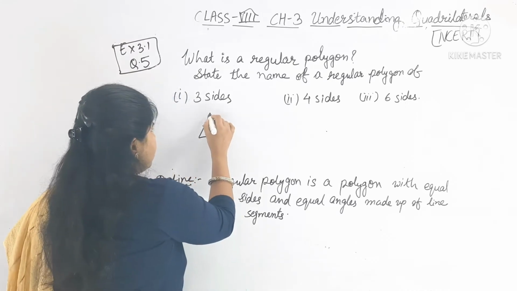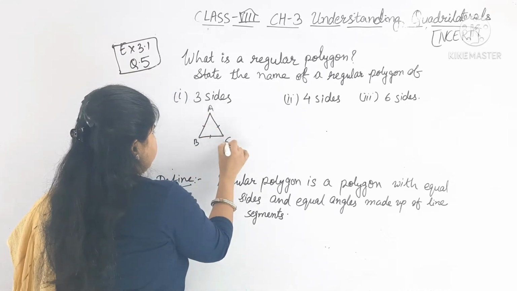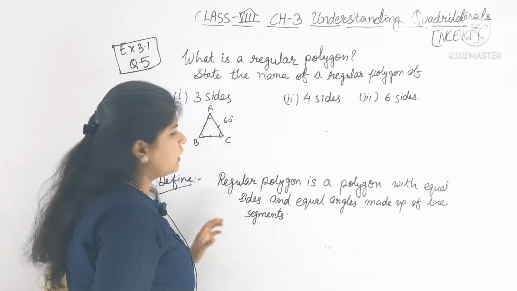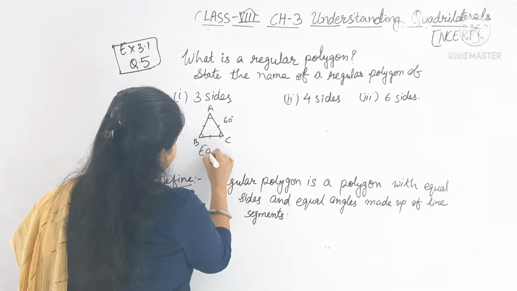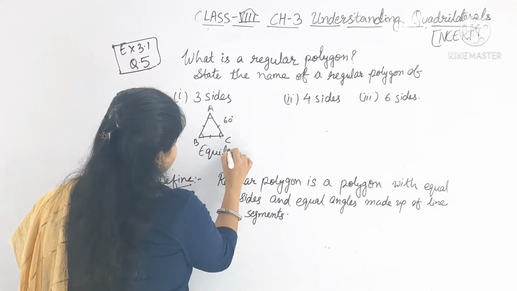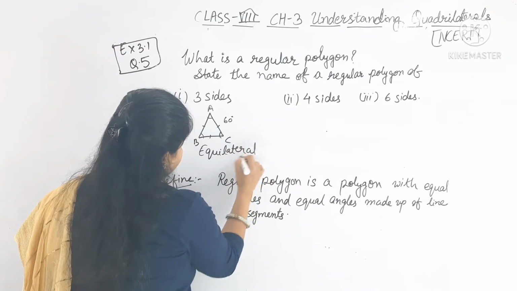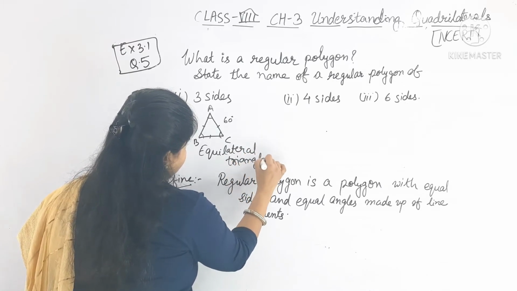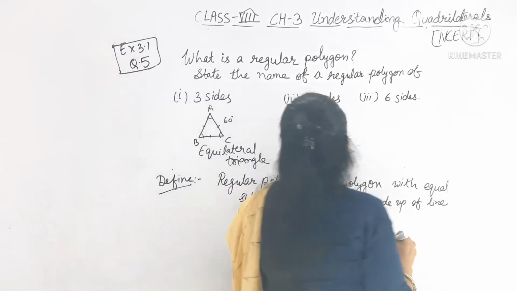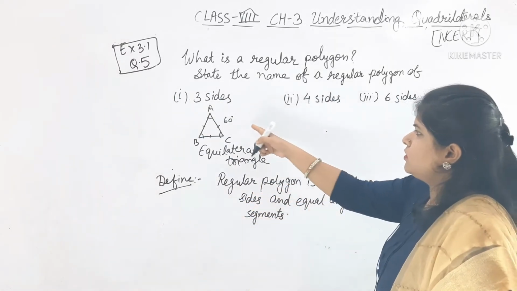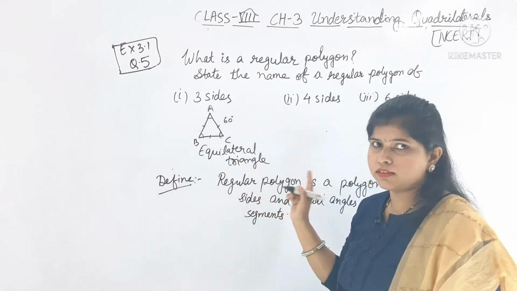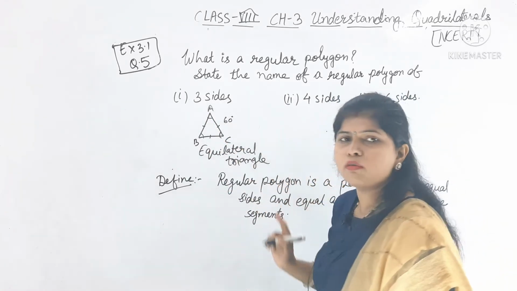We know that here in ABC, all angles are 60 degrees and the sides are also equal. So we have to name it: this is the equilateral triangle, right? Are you getting my point, students? You can see equal sides and equal angles of 60 degrees. So this is the equilateral triangle.